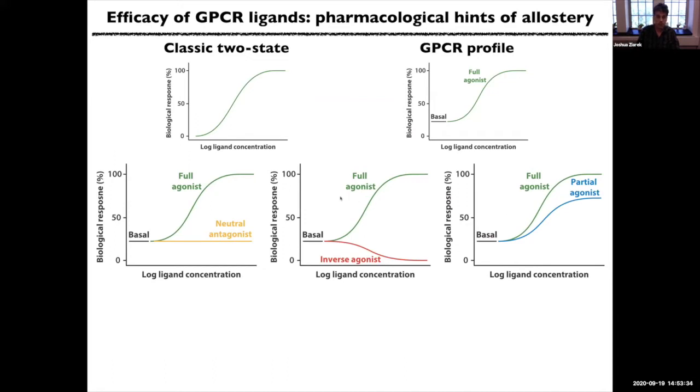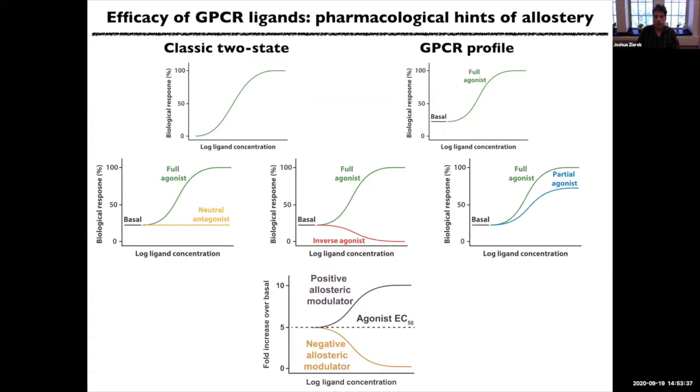In addition to this, more recently, the pharmacology has gotten even richer in that there are allosteric modulators on the extracellular surface, and actually they can bind at regions even in the transmembrane that will further modulate the signaling or the biological response of a ligand.